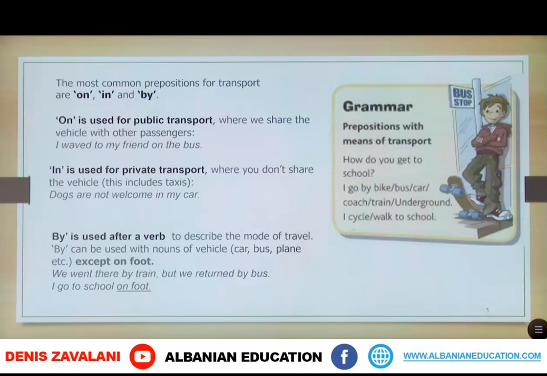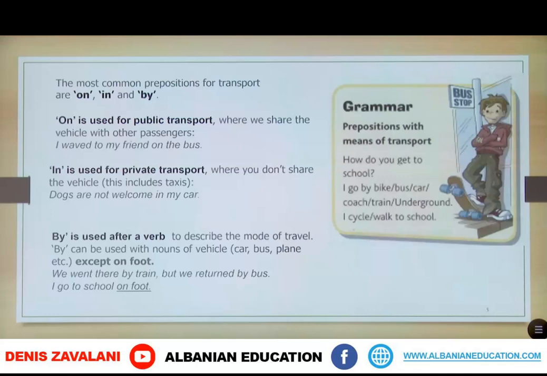Dogs are not welcome in my car, for example. By is used after a verb to describe the mode of travel, so the mode of transport. By can be used with nouns of vehicles like car, bus, plane, etc., except on foot. So you can use by with all means of transport, except when you say, for example, I go to school on foot.